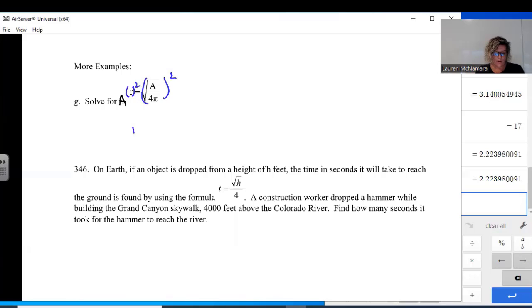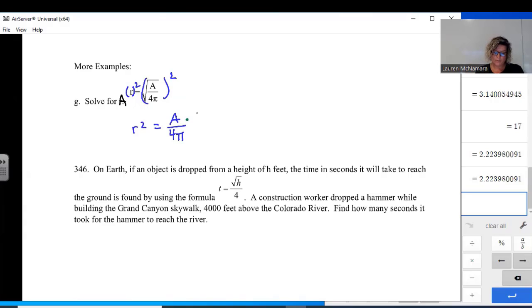So now I have R squared is equal to A divided by 4 pi. I want to get that A by itself. Well, right now it's being divided by 4 pi. So what's my opposite operation? What's the opposite operation of division?